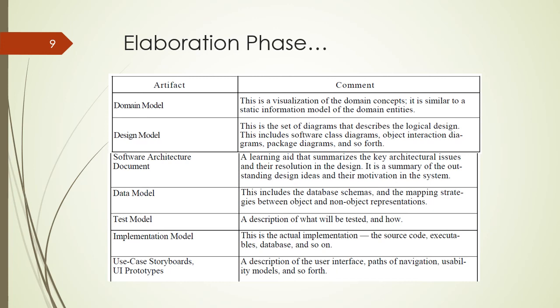Test model, a description of how the test will be conducted and what the tests will be. Implementation model, it is the actual implementation, that is the source code, executables, database, and so on. And use case storyboards and UI prototypes, a description of the user interface, paths of navigation, usability models, and so on.